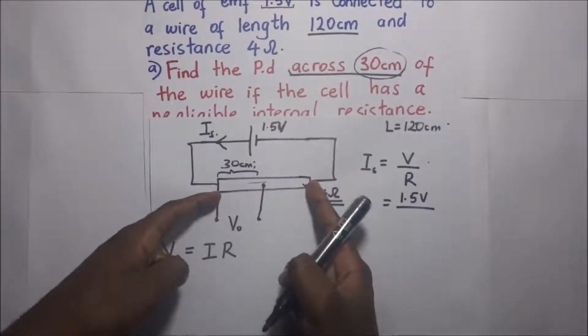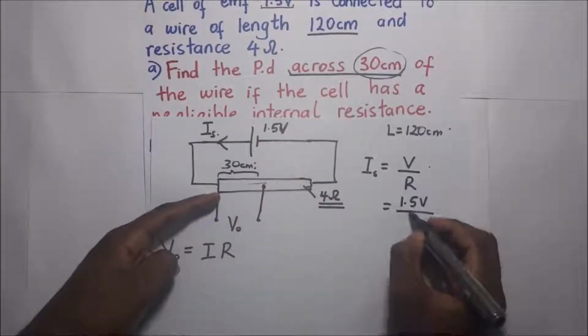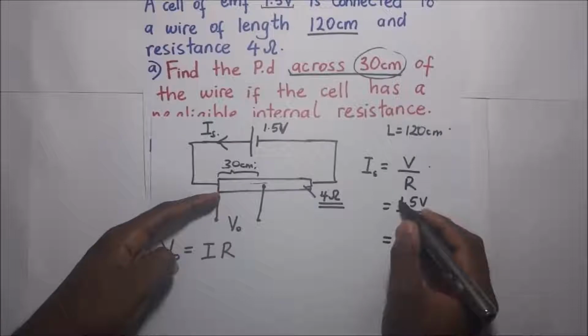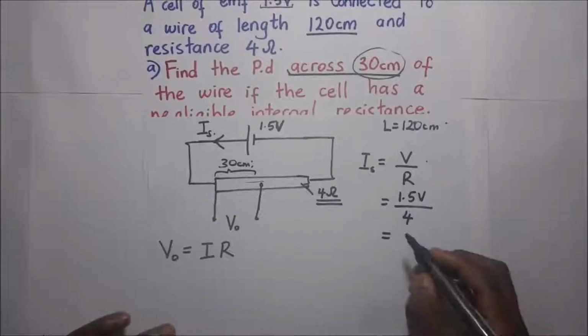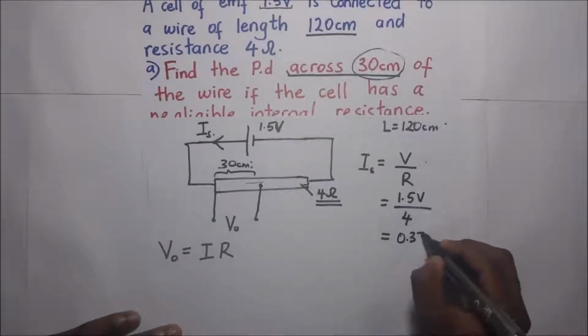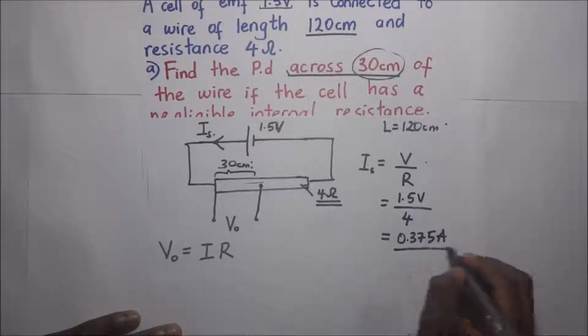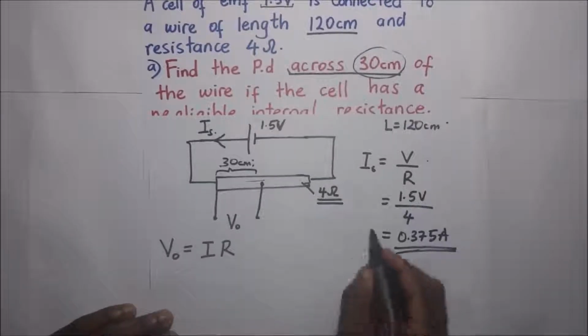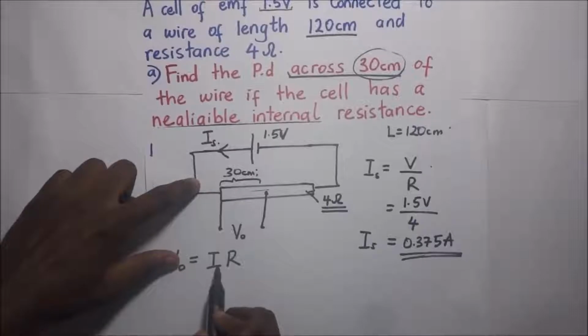The effective resistance is 4 ohms. The internal resistance here is negligible, so we only have 4 ohms. So it's 1.5 divided by 4, which gives us 0.375 amperes. So the amount of current flowing through here is 0.375 amperes.